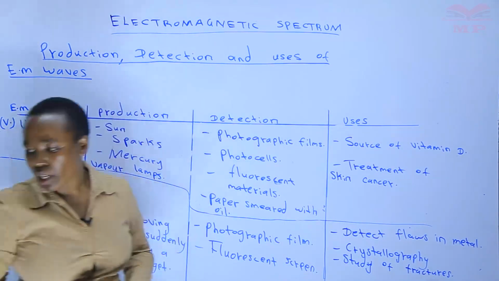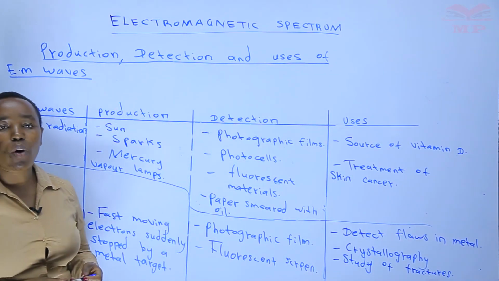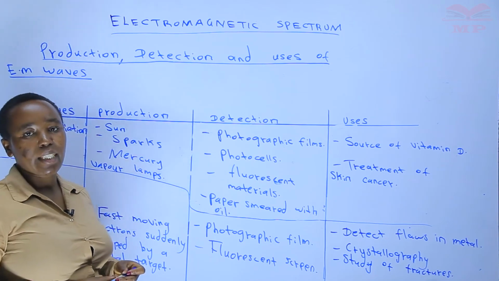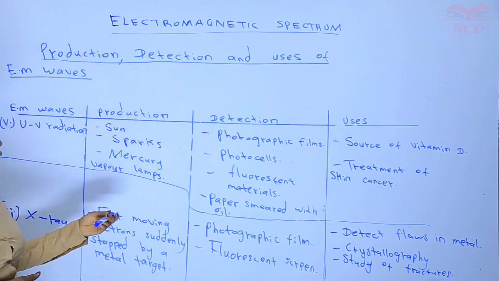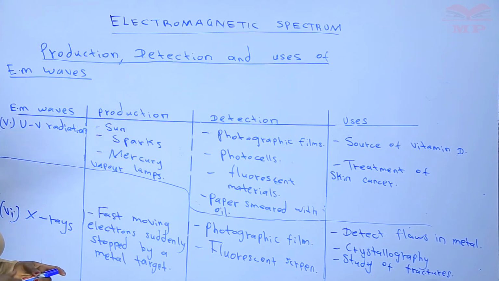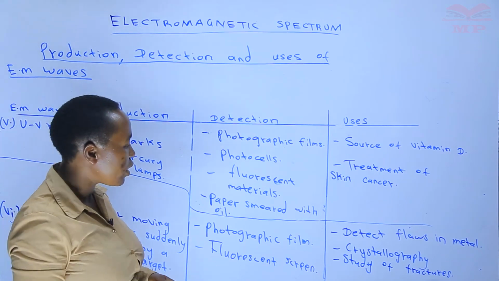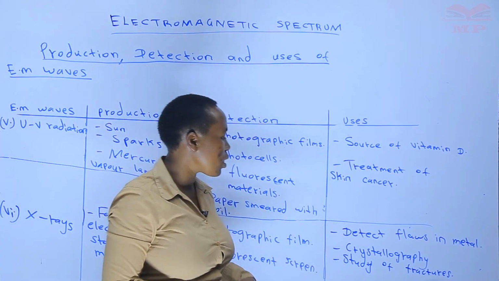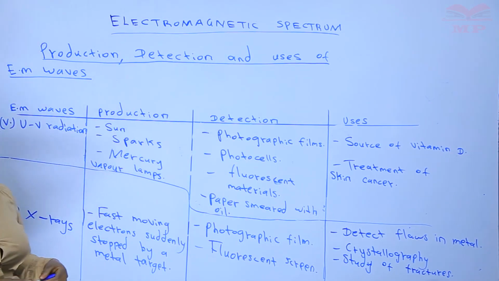Again, when you get to the hospital and maybe you have had an accident, they tell you to undertake an X-ray. That X-ray is used to study your bone, to see what the issue with it is, and it can be used in the study of fractures.